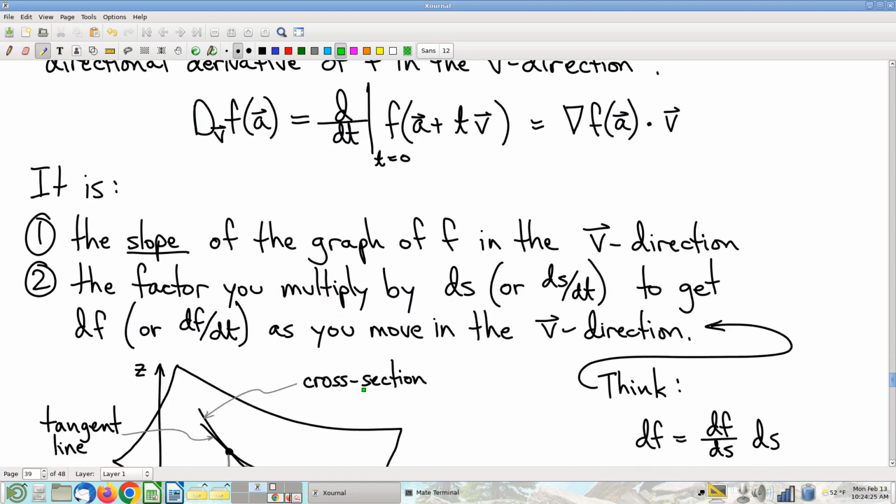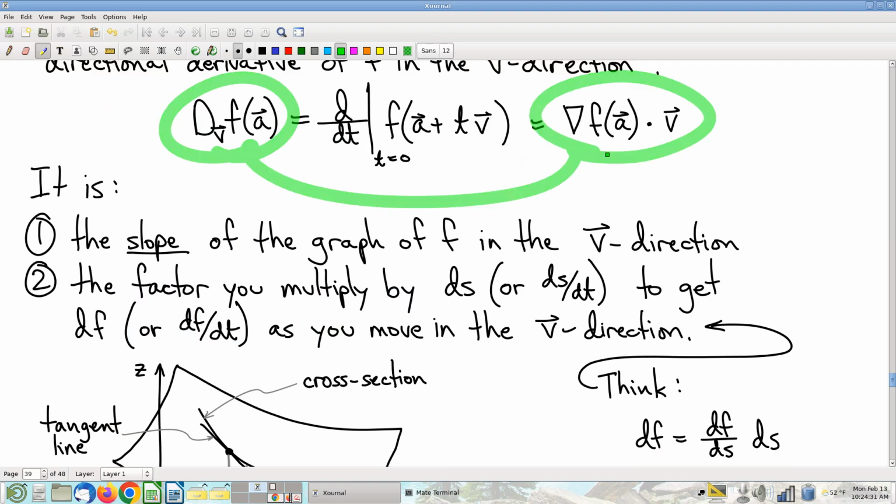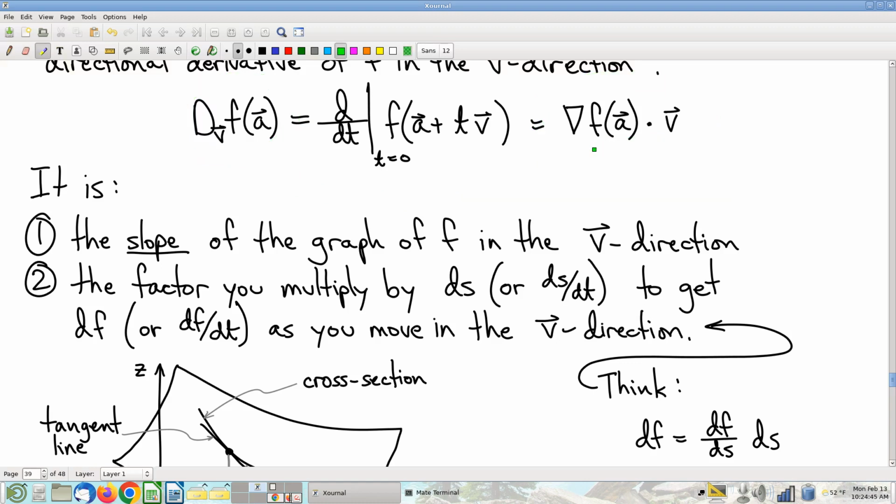Now, a few things to say about it. Conveniently, I have a pretty handy formula here for how to compute this thing called the directional derivative: a dot product with the gradient. By the way, this is also a pretty believable way to prove the results that we're claiming: this dot product with the gradient is pretty suggestive of the chain rule.